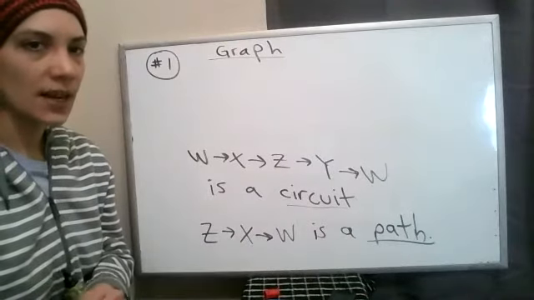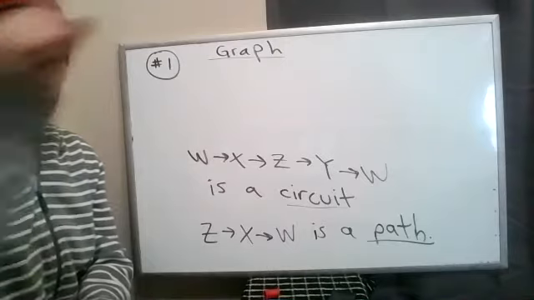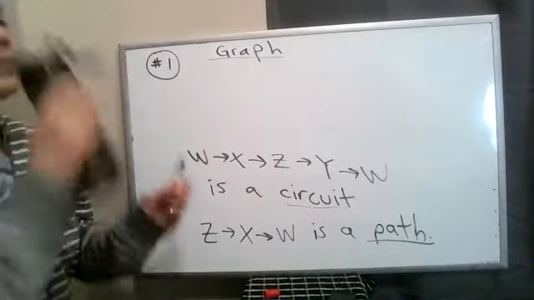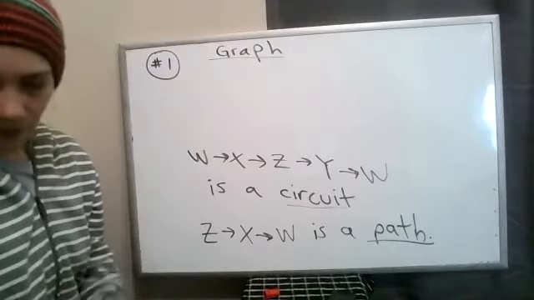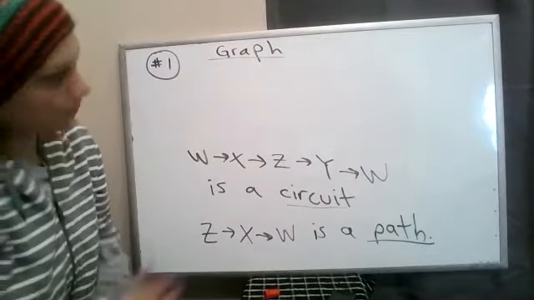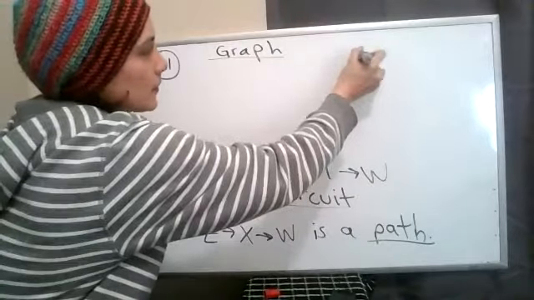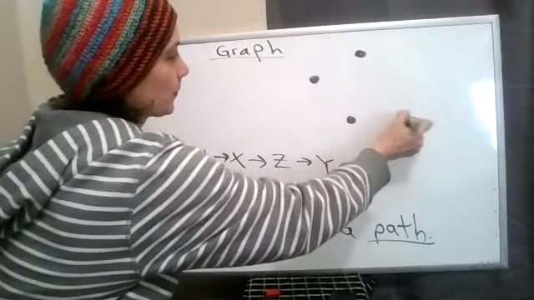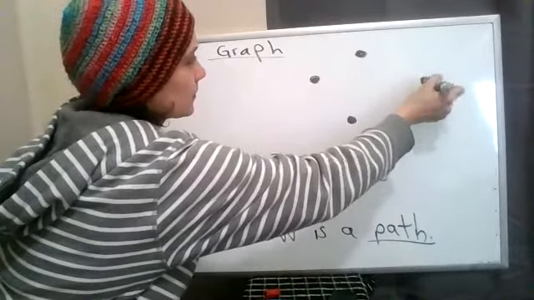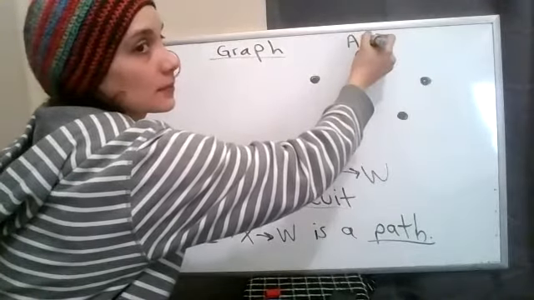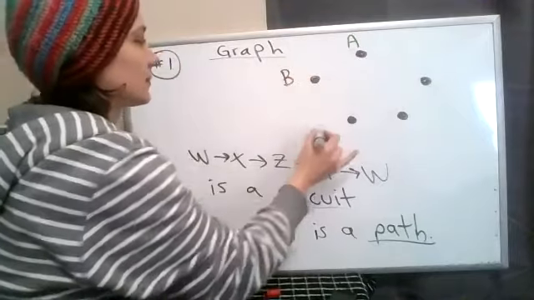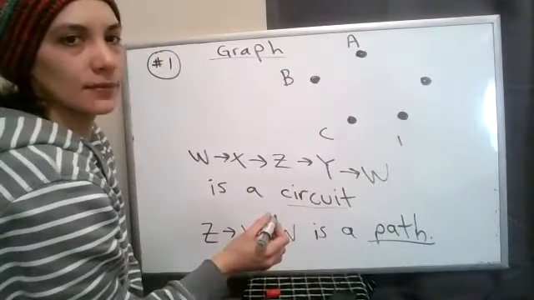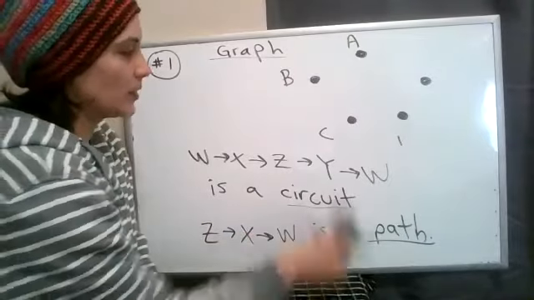The vertices are A, B, C, D, E, kind of in a circle. The labels are important.